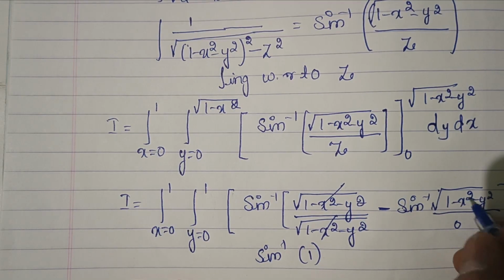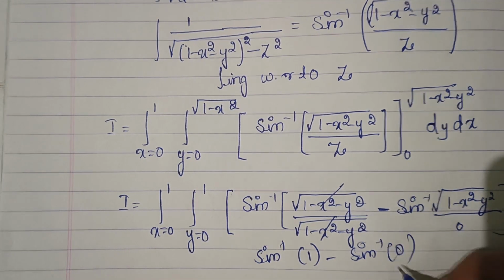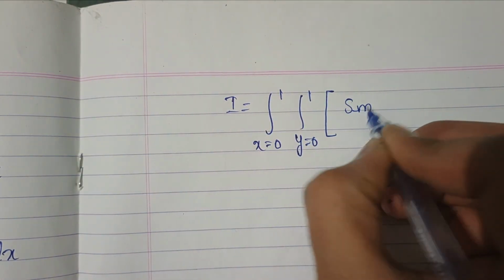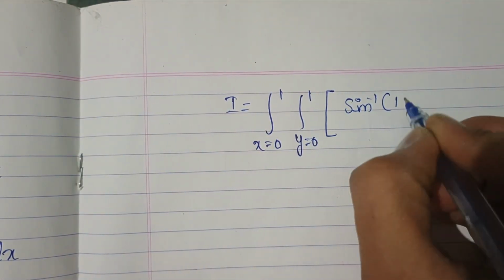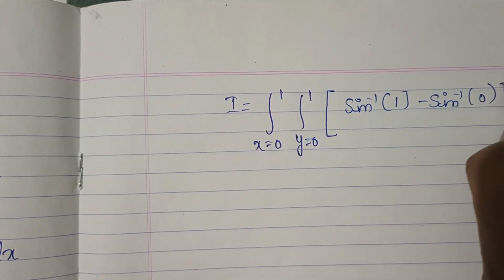Here 0 divided by anything will be 0, so we get sine inverse of 0. Okay, so we can write it here: sine inverse of 1 minus sine inverse of 0, dy dx.